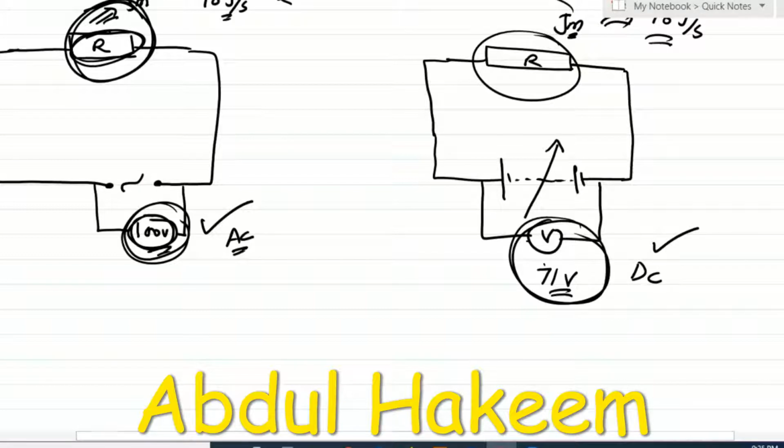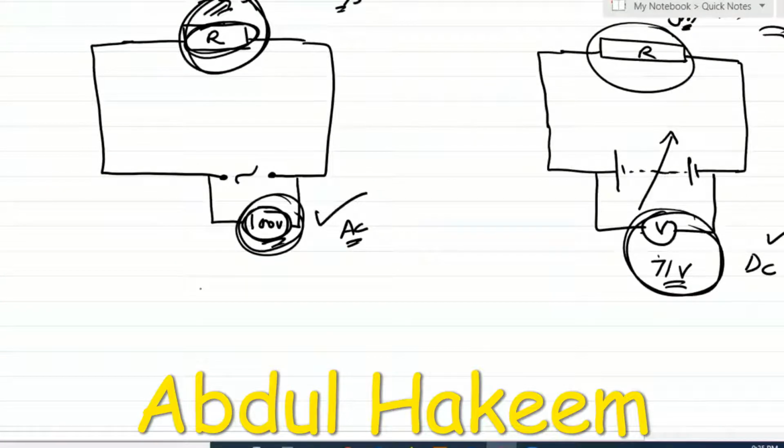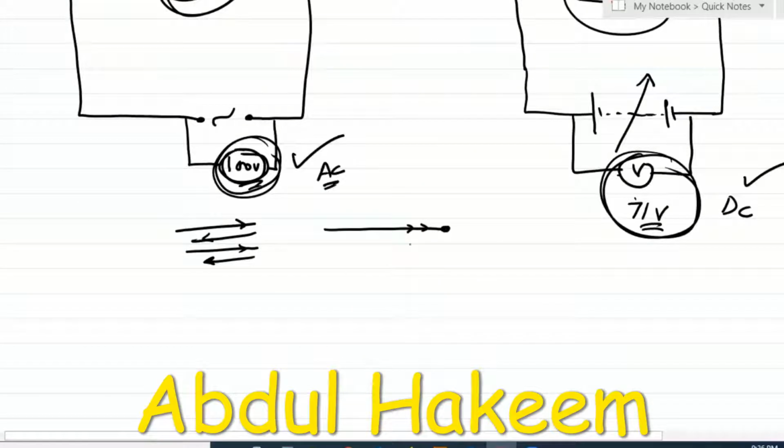What's the reason behind this in alternating voltage, alternating current? It keeps on changing the direction. So when it has to change the direction, the charge carrier retards to rest and then changes the direction.